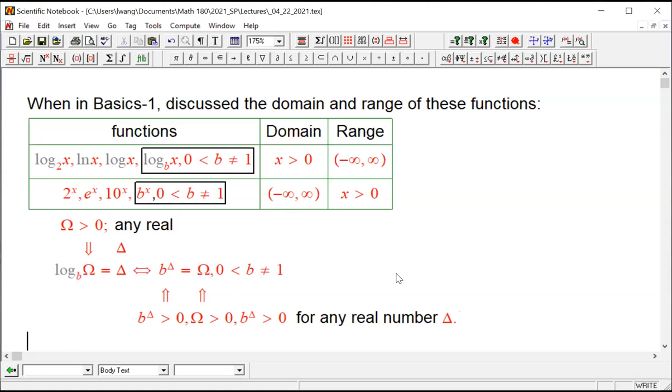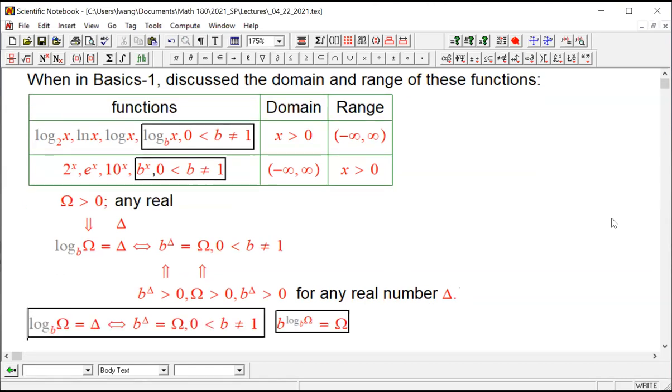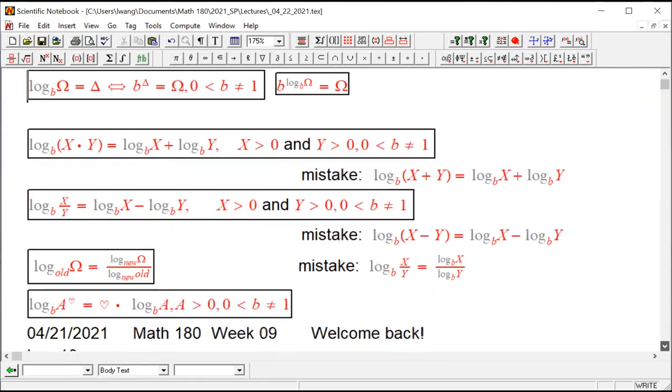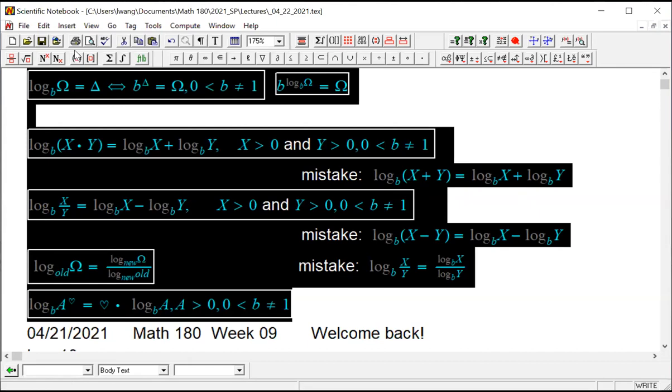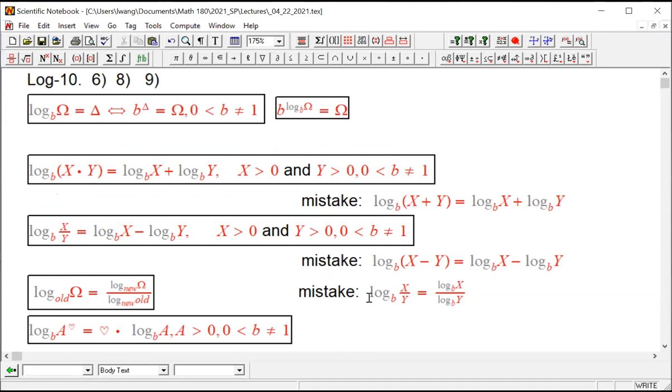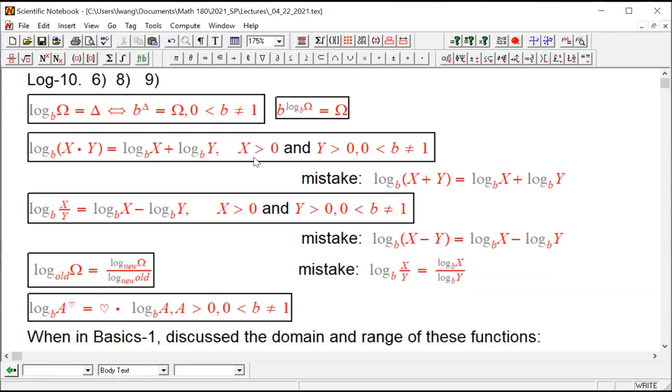Okay, so with all that said and done, let's go back to log 10. From the definition, we know the domain and range is foretold, right?